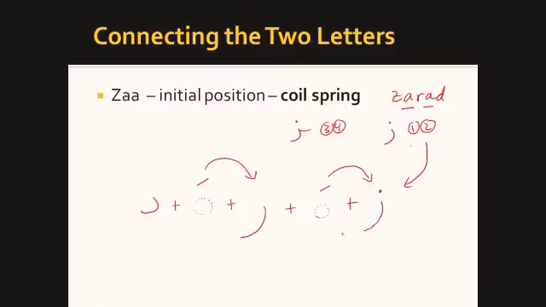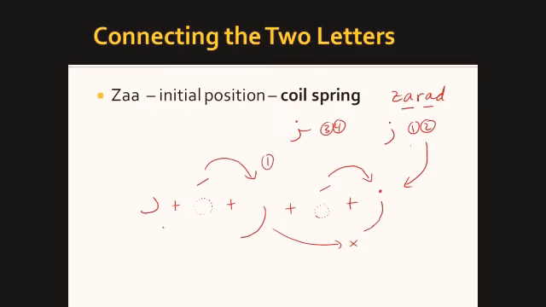And the ra here is not going to connect to the za because the za doesn't connect. And the ra connects to what comes before it, but it can't because of the za. So the ra is going to be in the independent position.